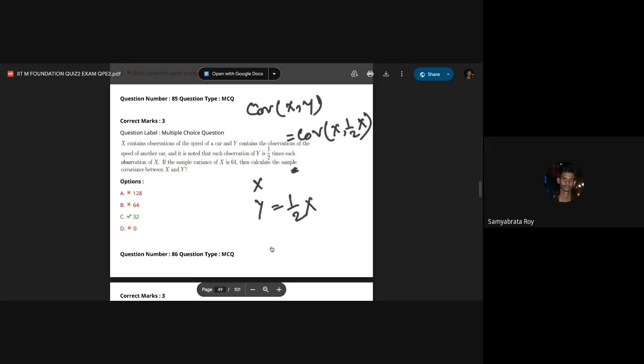Okay, let me write it here only. If covariance of x and alpha x I'm trying to find, it will be alpha into variance of x. So this will be half into variance of x.